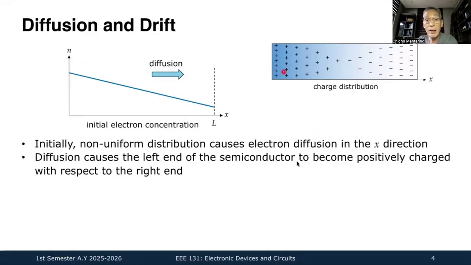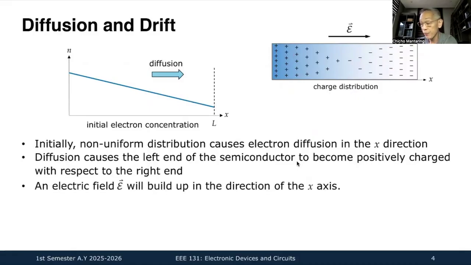Why does this become positive? Because our atoms are losing electrons, and therefore it becomes net positively charged. And wherever those electrons go, that area becomes negatively charged. So diffusion causes the left end of the semiconductor to become positively charged with respect to the right end.